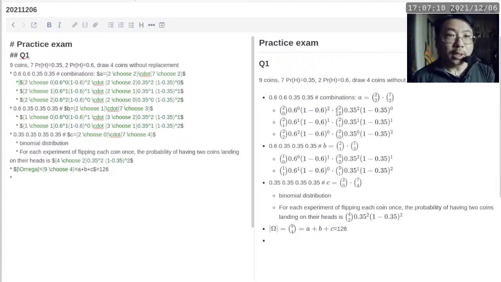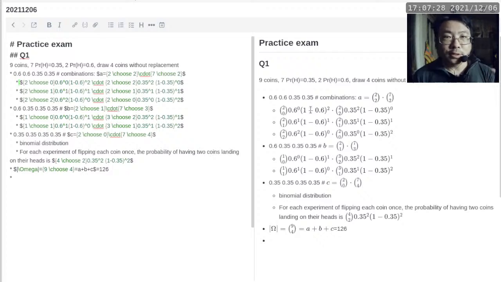What I'm really looking at is, do you know when to use binomial distribution, and do you know when to use the lotto kind of distribution? But it's really just counting the number of combinations. And do you know how to combine those two into one?